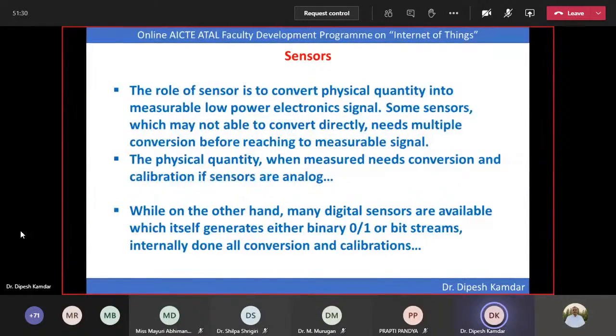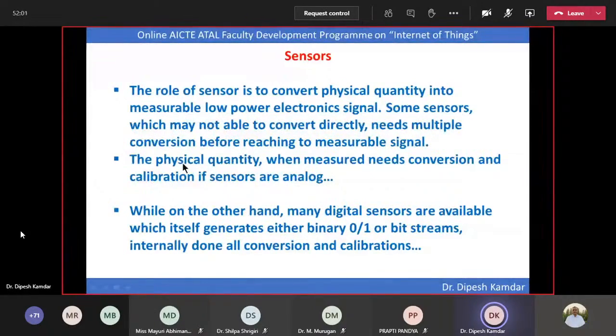Based on that, we can classify it as an analog sensor or a digital sensor. The role of a sensor is to convert the physical quantity into measurable low power electronic signals. Some sensors may not be able to convert the quantity directly to an electronic signal, so we need multiple conversions before reaching the measurable signals.